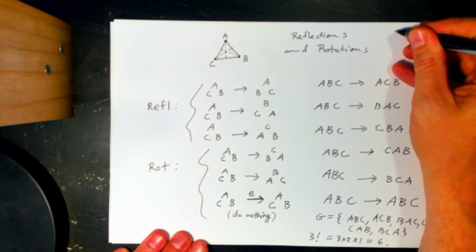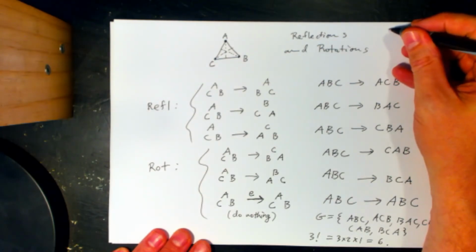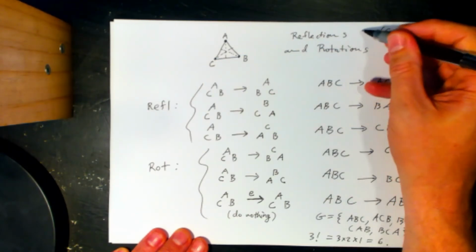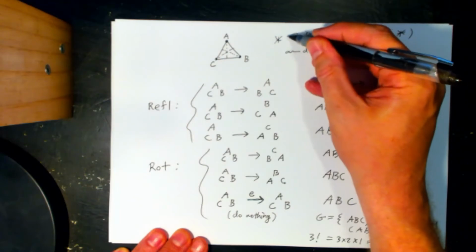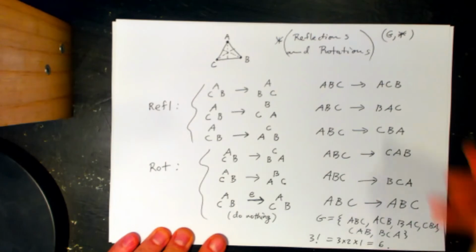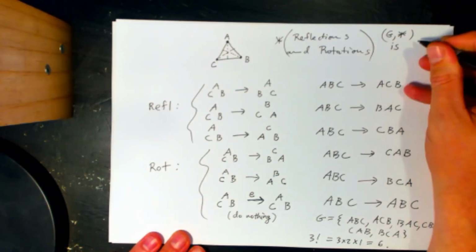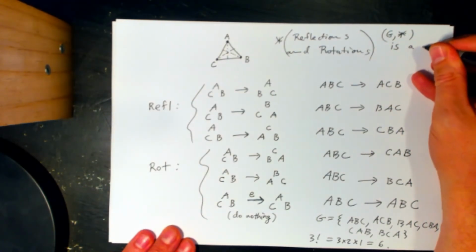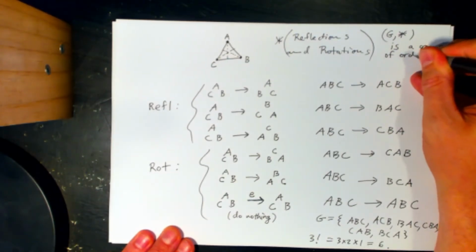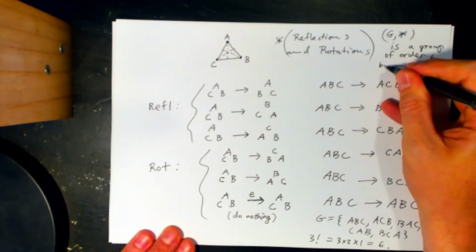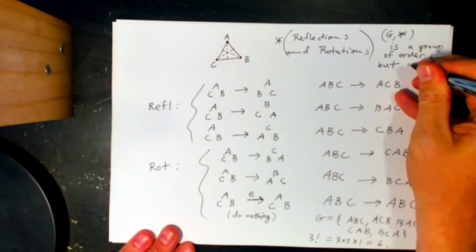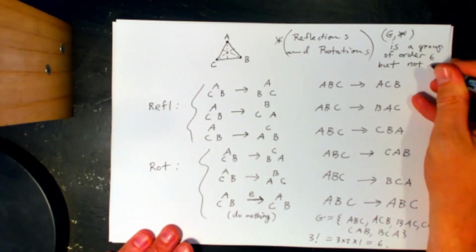So we'll say that this group, G together with asterisk, where this here is asterisk, rotations and reflections. So this is a group of order 6, but, and this is critical, this is why I'm showing you this group, it's not commutative.